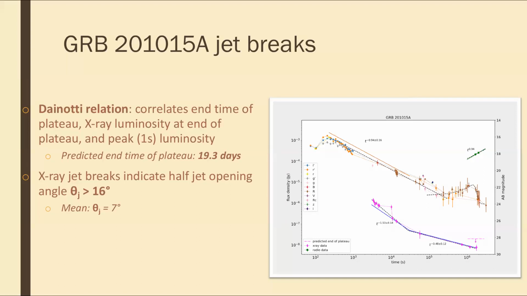So we've used that to estimate what the jet opening angle should be, which is greater than 16 degrees. That is quite wide for a GRB, since the mean from what we know about GRBs so far is 7 degrees. And this is the half jet opening angle, so measuring from the center of the jet to the outer side.